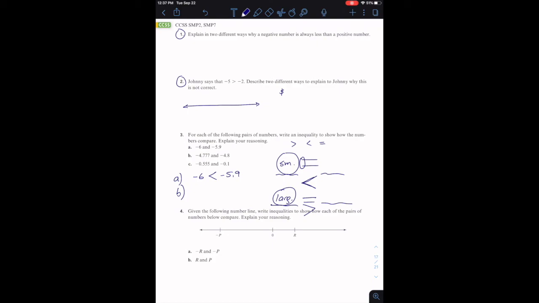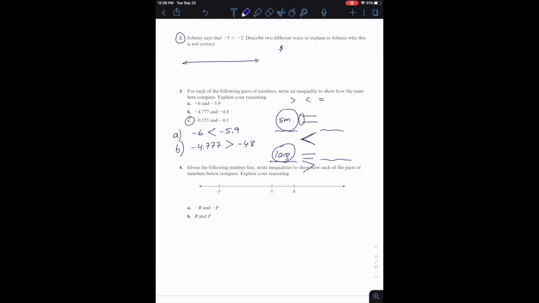B, -4.777 and -4.8. If we keep going, we're going to hit the -4.7, no matter how many decimals it has, before we hit the -4.8 to the left. So -4.8 is going to be further left, so it is smaller. Okay, and I will leave number C for you to do.